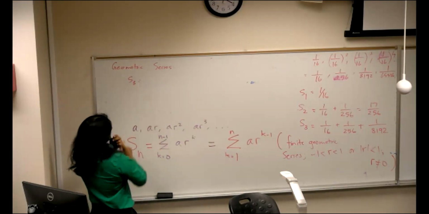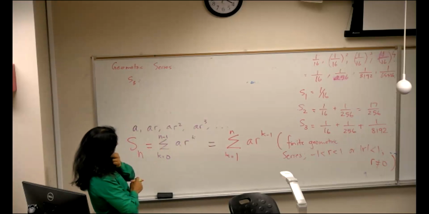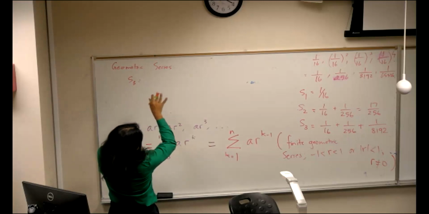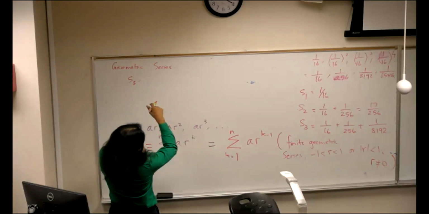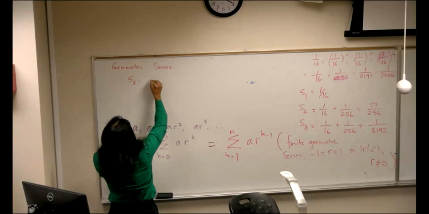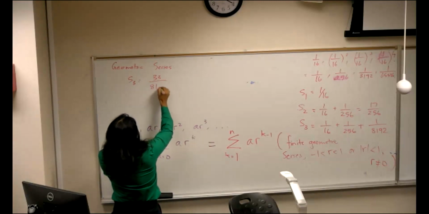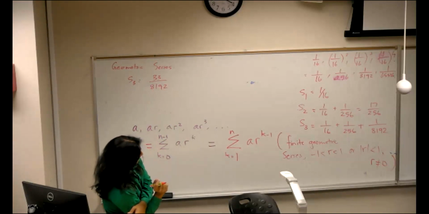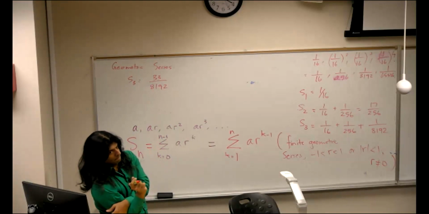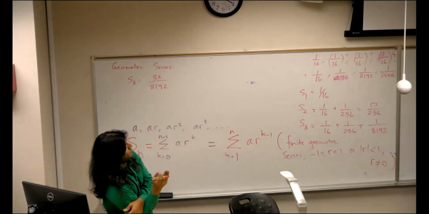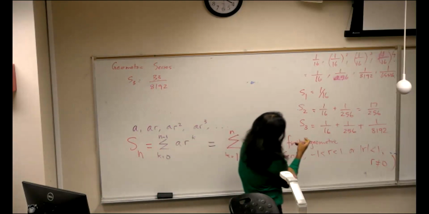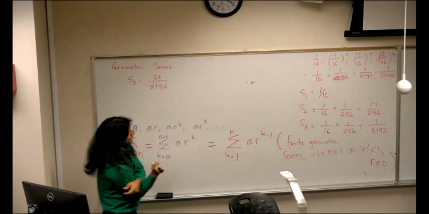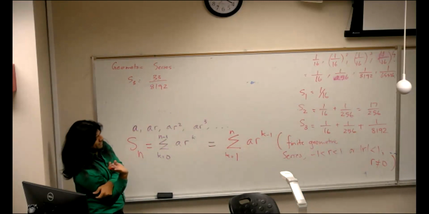S3 would be equal to 16 cubed. 33 over 8,192. Did I do that right? Come on, people. Okay. I can keep on going. I'm going to stop there.